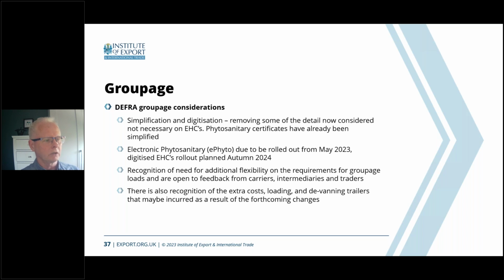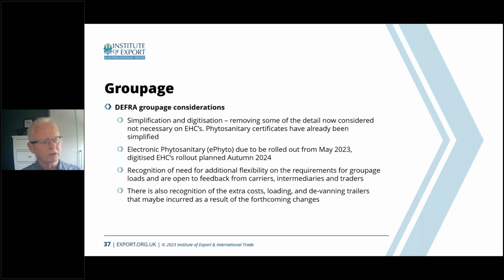For the health certificates, DEFRA and Port Health are looking at what data is actually required, the real data that they need. All the essential data will be left in for obvious reasons, but there is some data that can be taken out to simplify the process of raising export health certificates at the time of preparing your shipment.